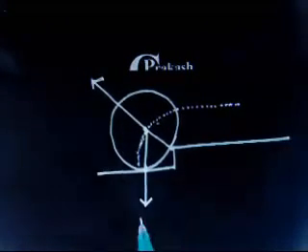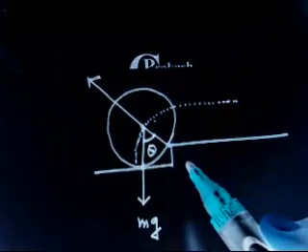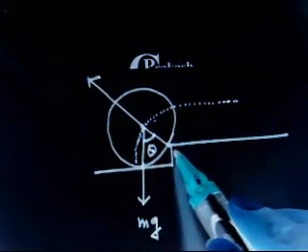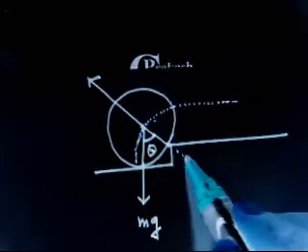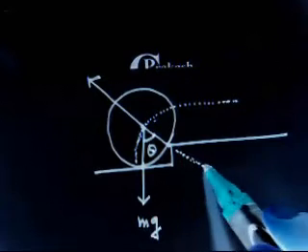So at this point of time, what are the forces that are acting? You will have mg acting. Let us say this angle is theta. So in this direction you will have mg cos theta. Are you getting?